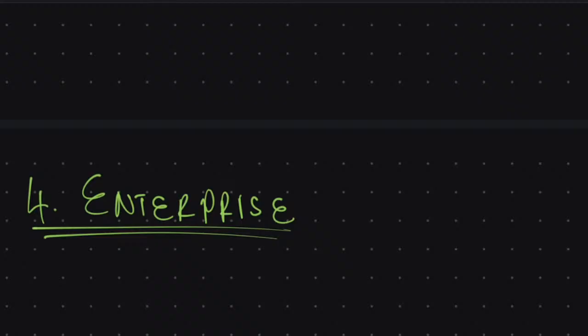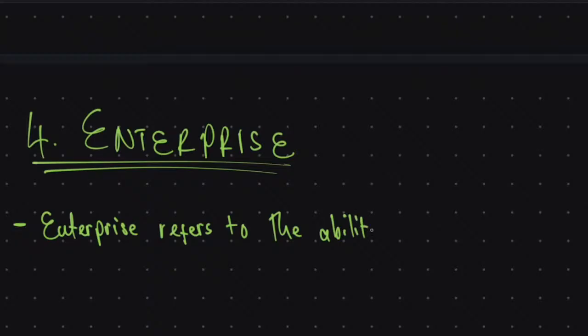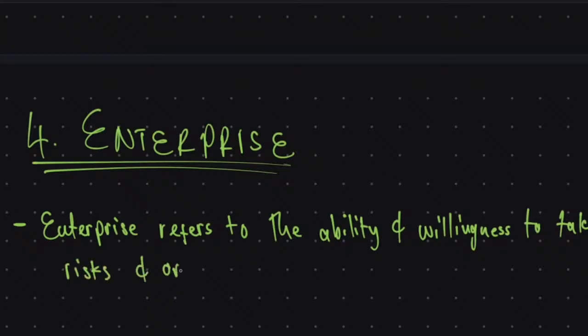This is the last factor of production. What is enterprise? Enterprise refers to the ability and willingness to take risks and organize production.